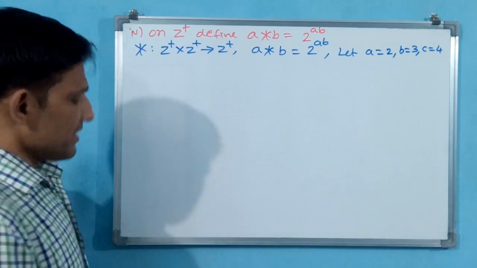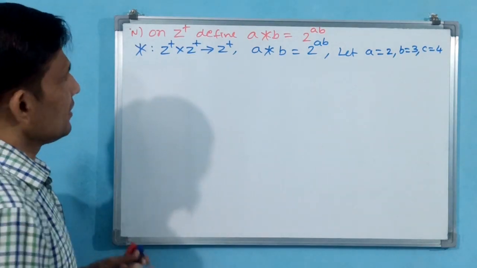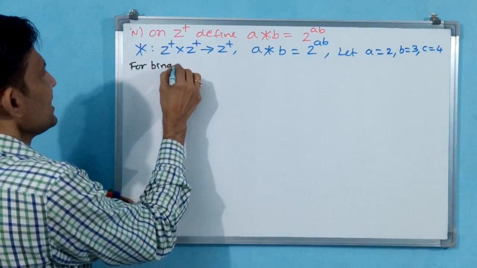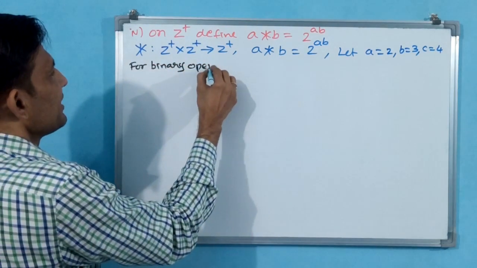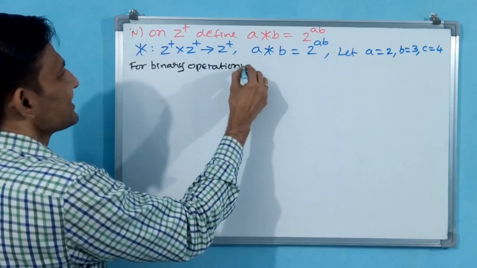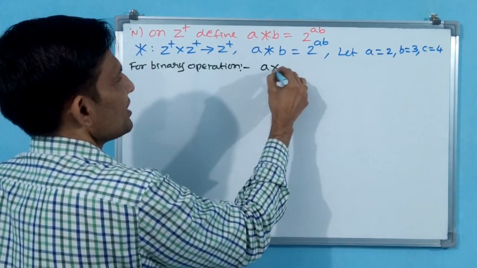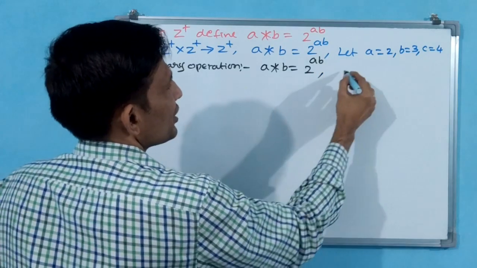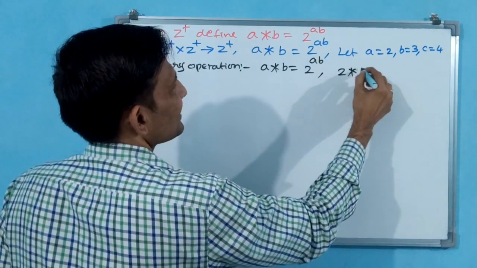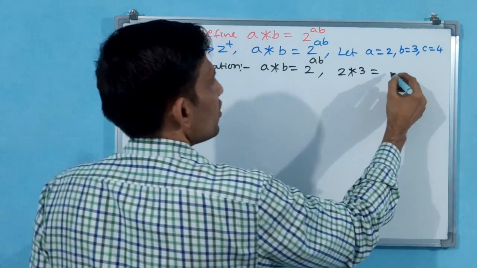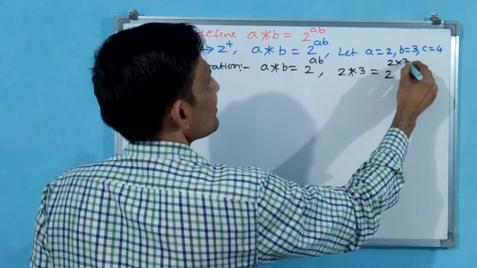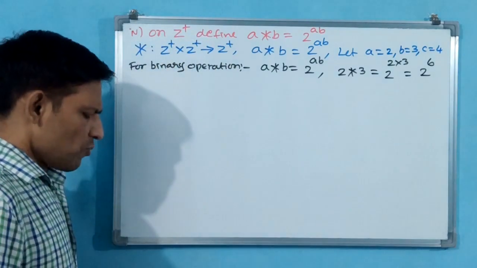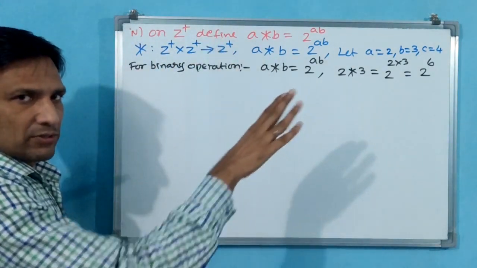Now I am writing for binary operation. Binary operation is this one: a star b is equal to 2 power ab, so 2 star 3 is equal to 2 power 2 into 3, that is equal to 2 power 6. 2 power 6 is 64, but keep it like that only.